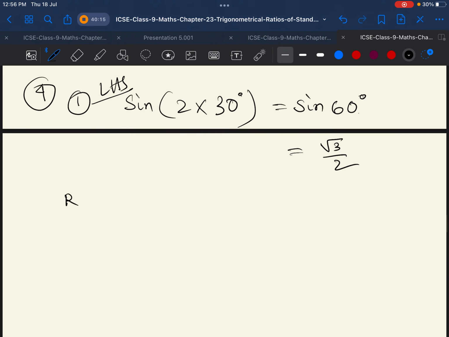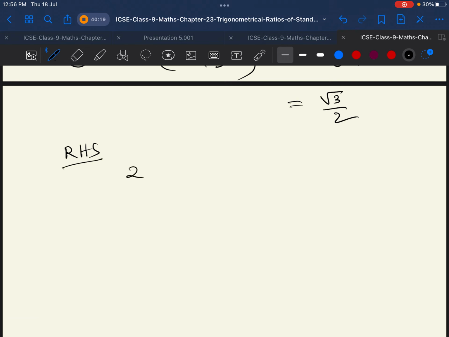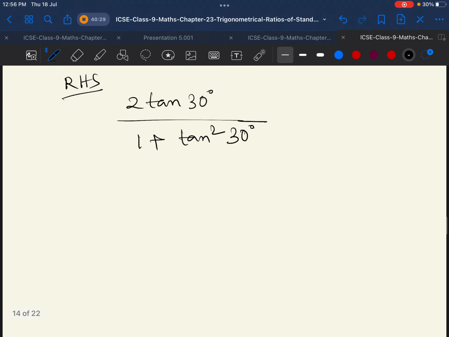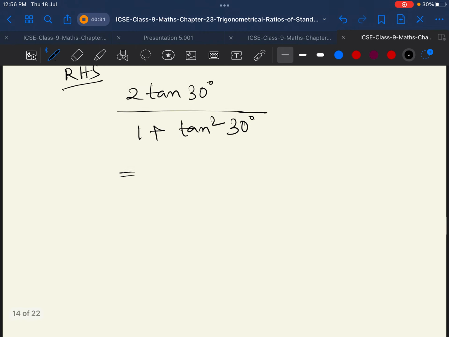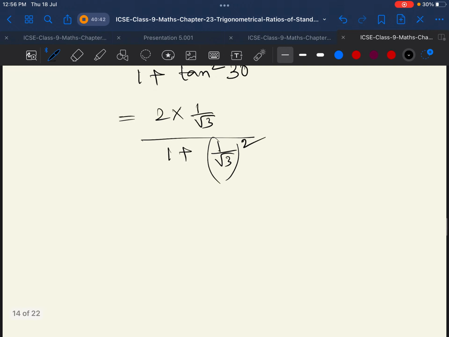Now we will write right hand side. So right hand side is here 2 tan 30 degree by 1 plus tan square 30 degree. Tan 30 we know is 1 by root 3, by 1 plus tan 30, 1 by root 3 whole square.